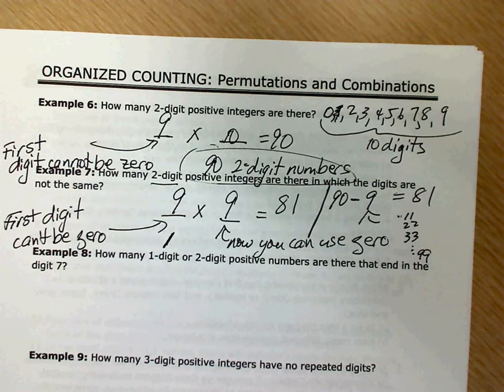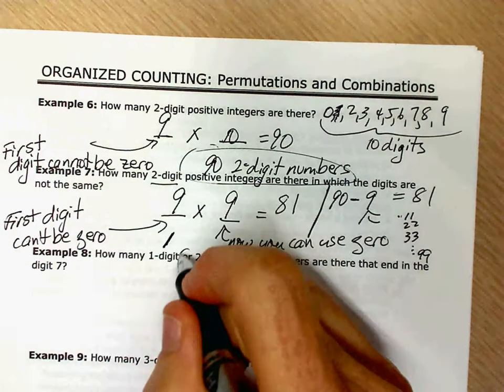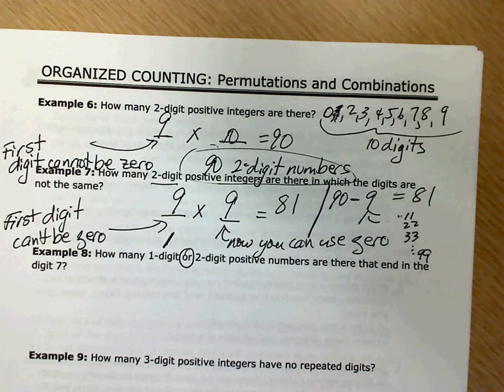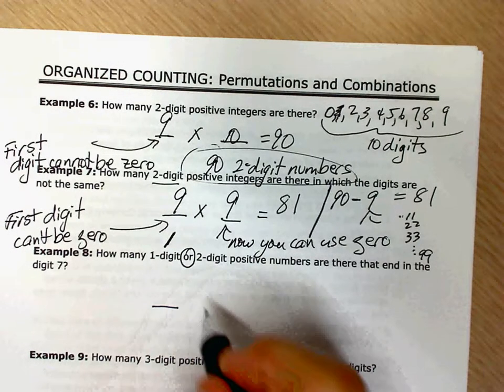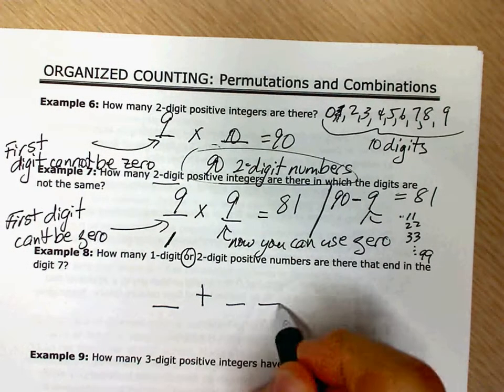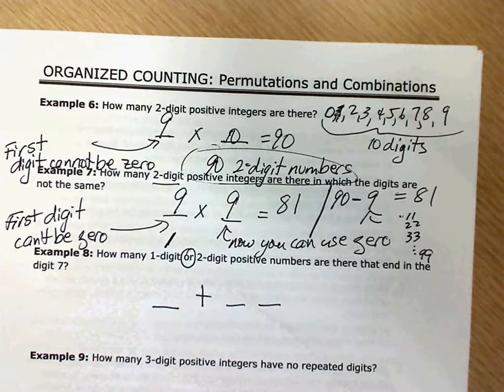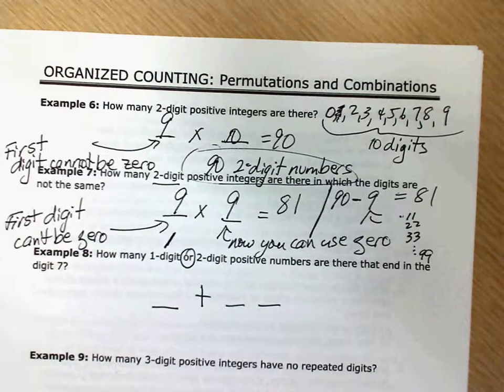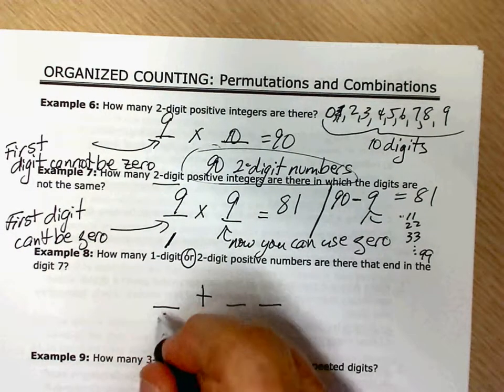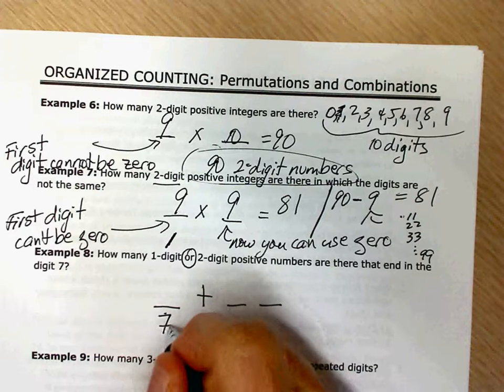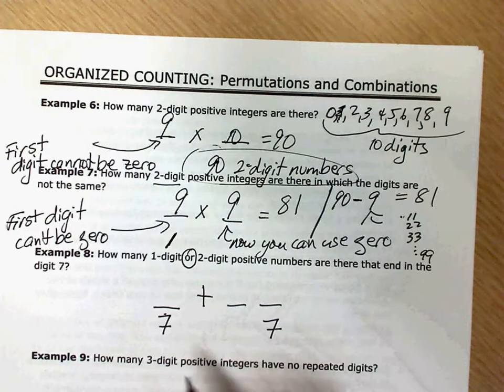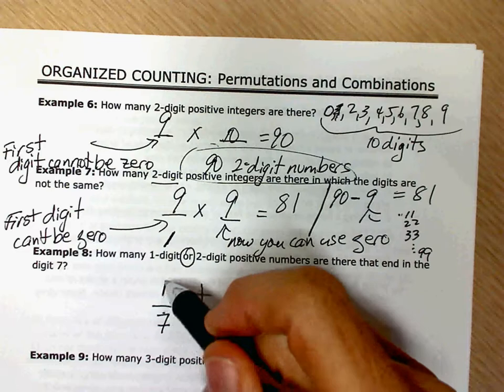Now they say, how many one or two-digit positive integers are there that end in 7? Yes, thank you, I had a momentary relapse there. So there's only one choice for the last digit, since it ends in 7.